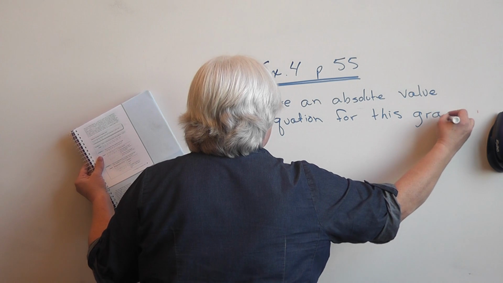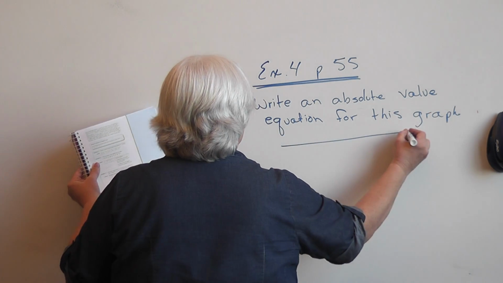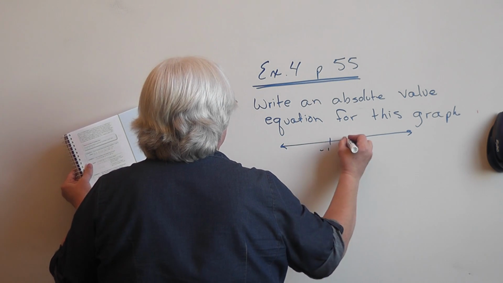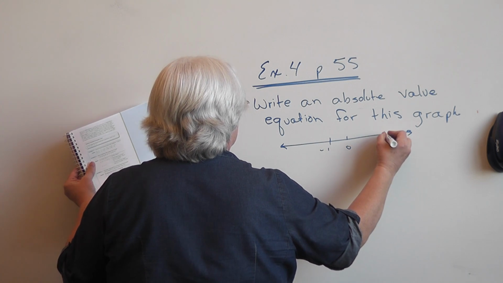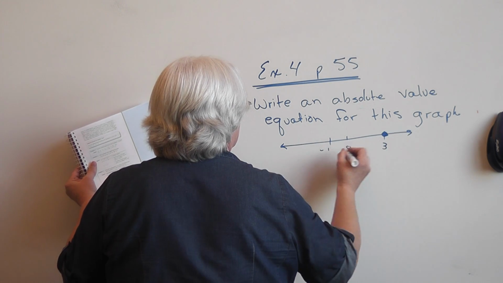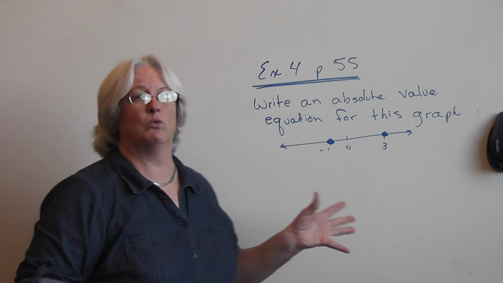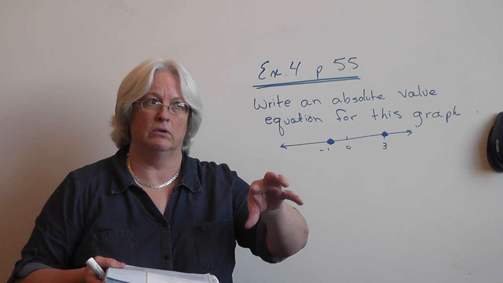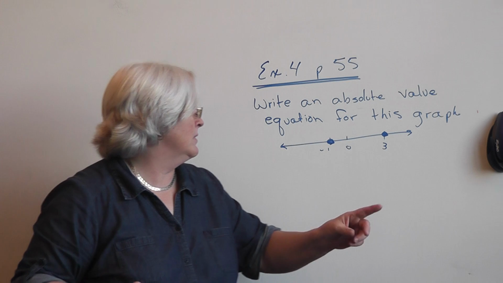And this is the graph that we have. We have -1 and we have 3. There's 3 and there's -1. Now, absolute value, as we've been using it, is the distance from 0.